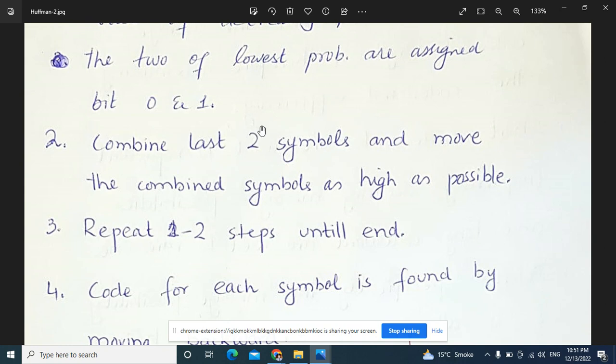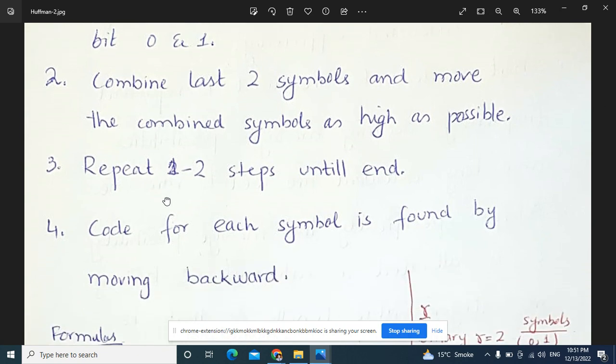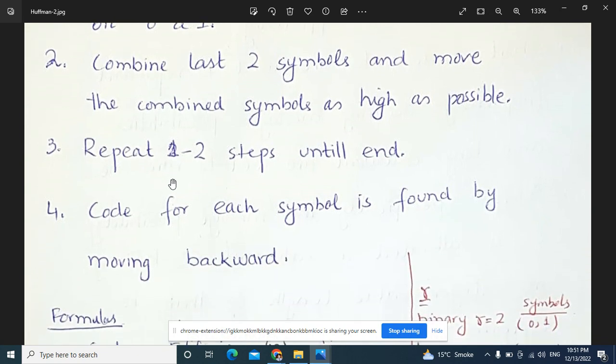But you need to keep in mind that the highest probability will always be on top. The third step is that you need to repeat steps 1 and 2 till the end. The code for each symbol is found by moving backward.